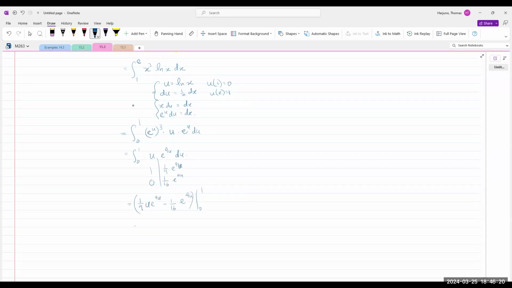When u equals 1, that will be 1/4 e to the 4th minus 1 over 16 e to the 4th, minus, when u equals 0, it's 0 here, 1 there, minus 1 over 16. So what do we get? Factor 1/4. 3/4, that's 3 over 16 e to the 4th plus 1 over 16.